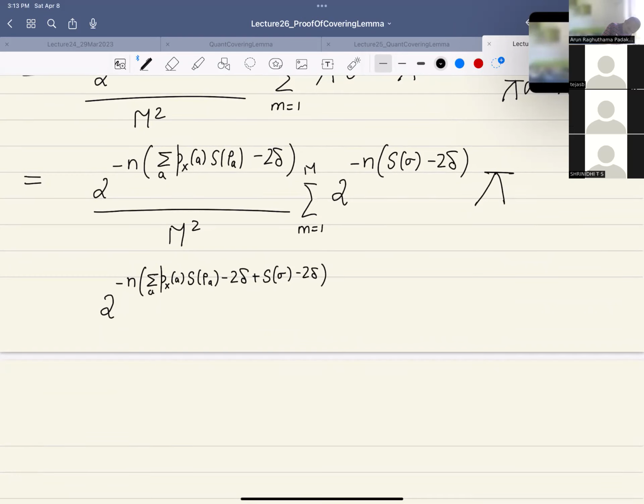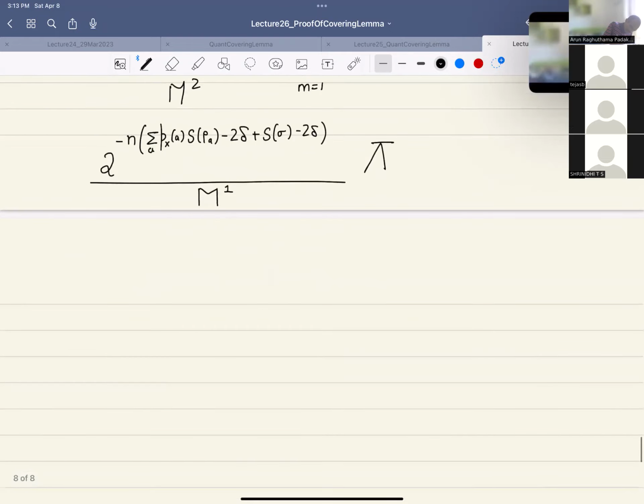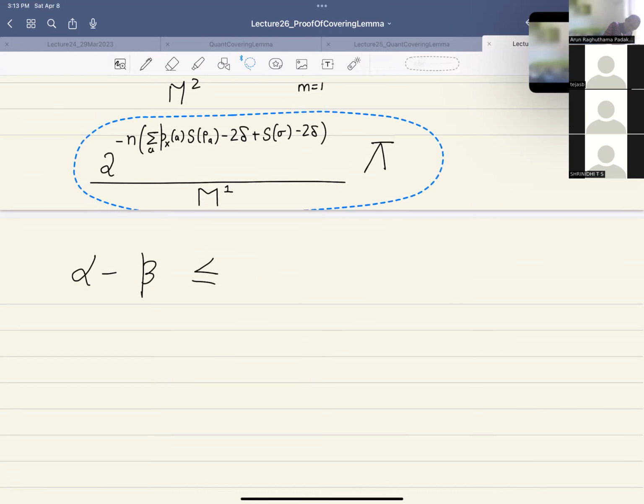Okay, divided by capital M to the power 1, just to emphasize. I think there's only pi. Okay, so alpha minus beta is lesser than this quantity. Copy. Paste.